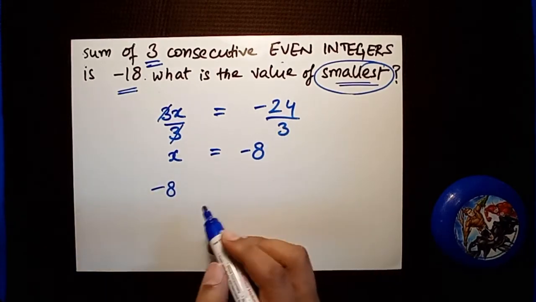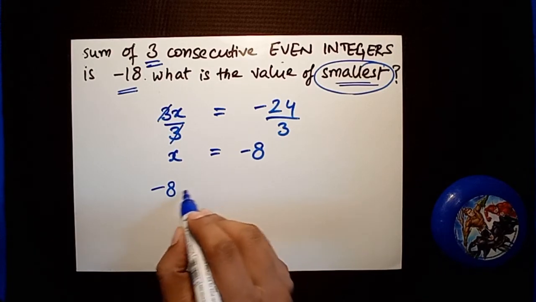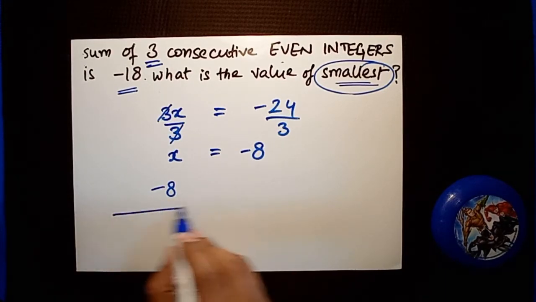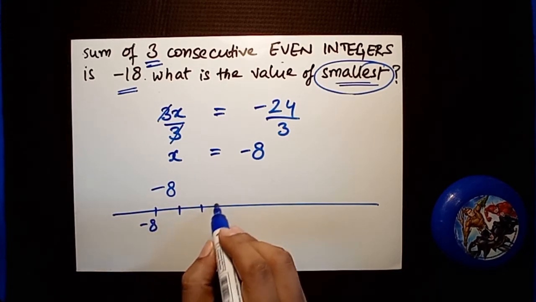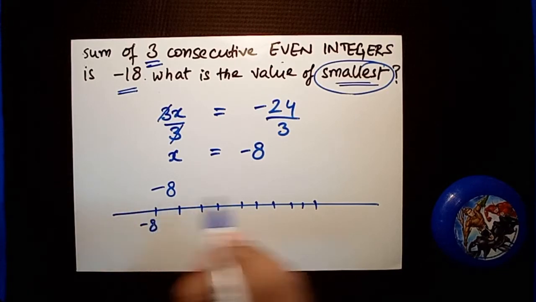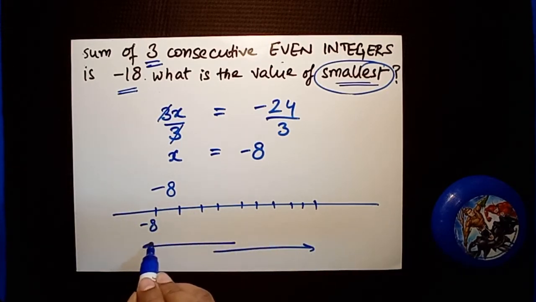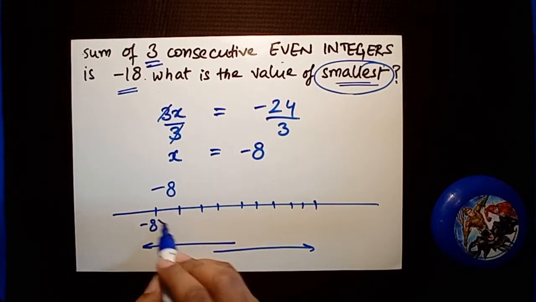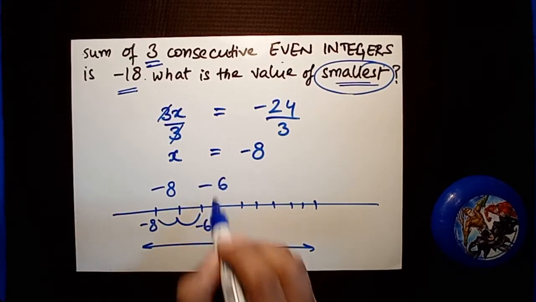What is the next even integer? x plus 2, minus 8 plus 2. So let's say this is minus 8. When we add, we jump in this direction, right? And when we subtract, we go in this direction. So add 2. What is this? Minus 6.